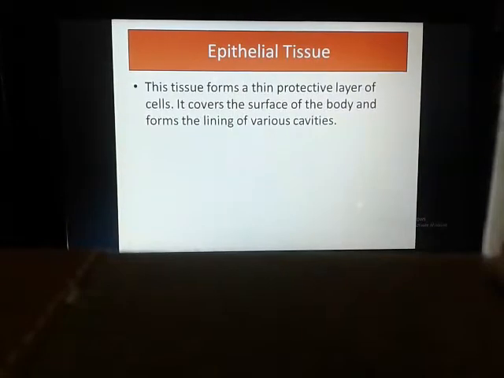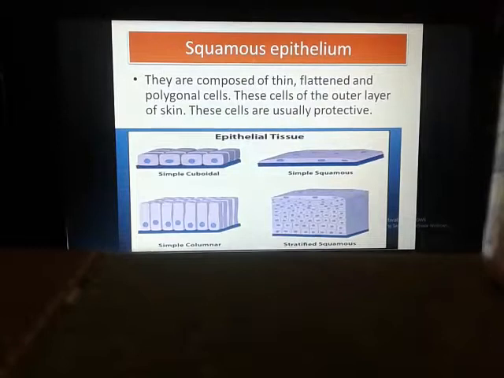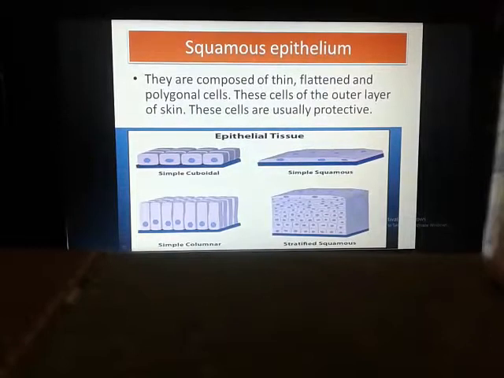The first is squamous epithelium. They are composed of thin, flattened and polygonal cells, and these cells form the outer layer of skin and are usually protective. This is simple squamous and this is stratified squamous.